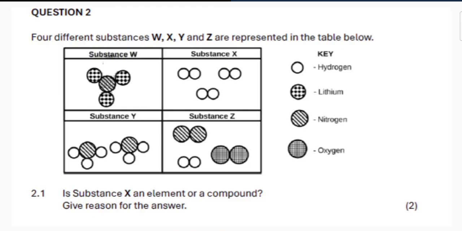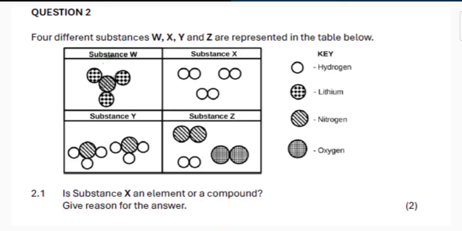Then let me look at this question. We have 4 different substances, W, X, Y, and Z, represented in the table below. There's a key on that side, with the key symbols for hydrogen, lithium, nitrogen, and oxygen.